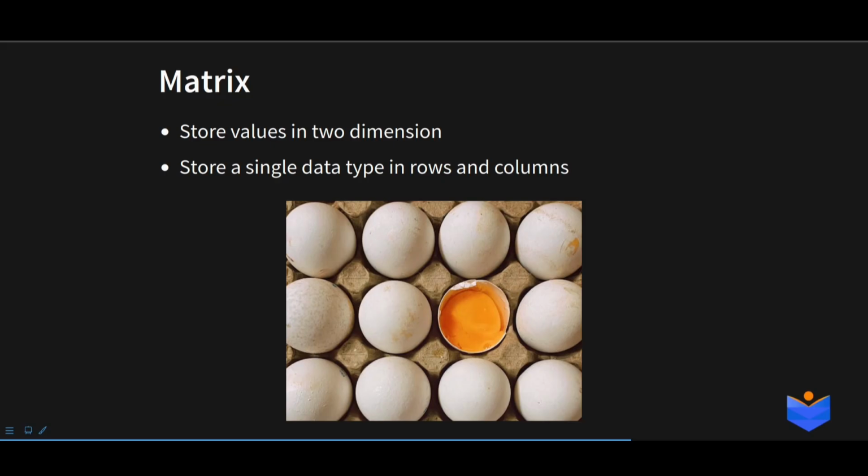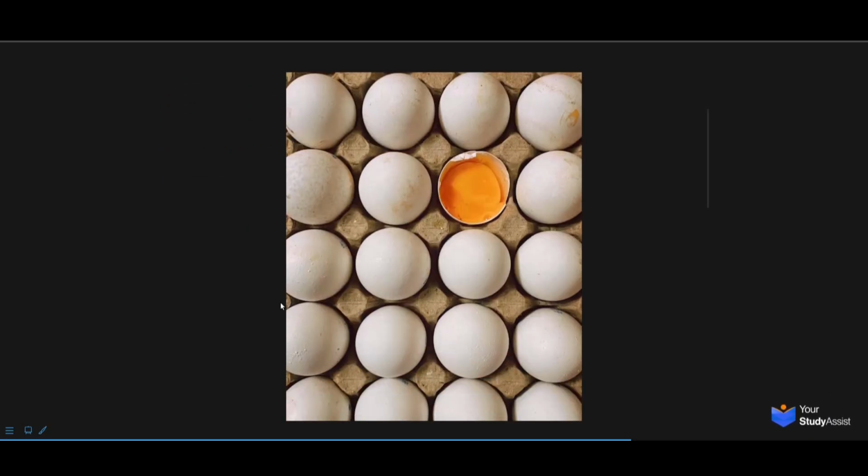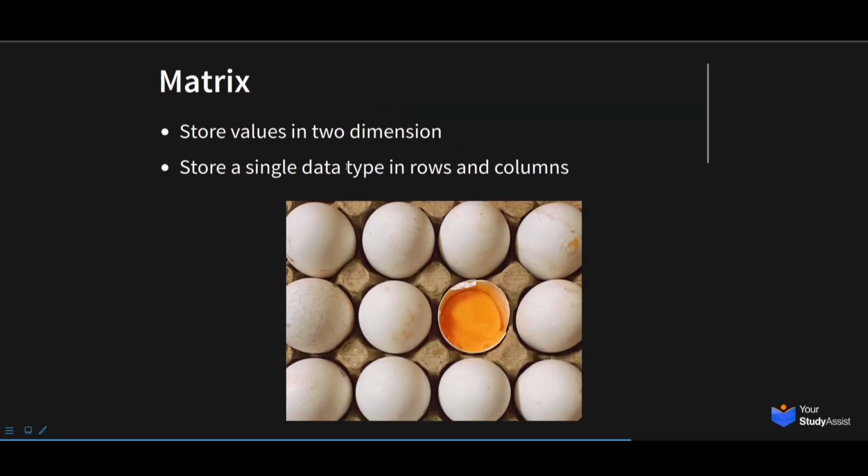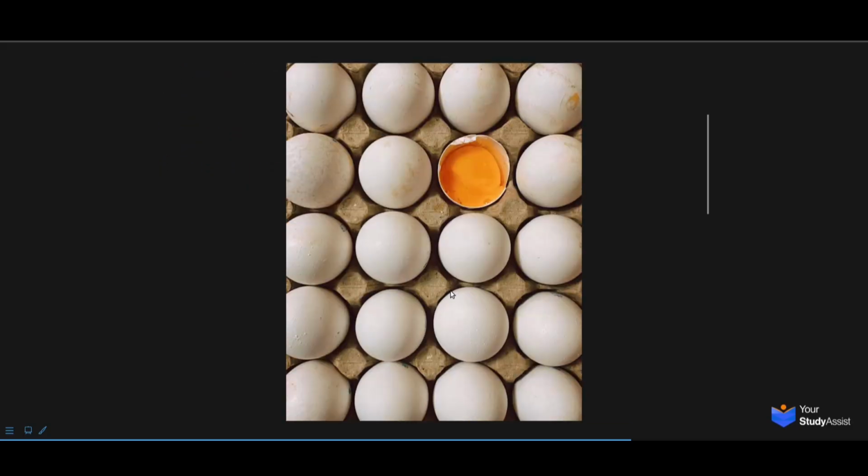Now to matrix. Matrices store values in 2 dimensions, and the values are usually stored in rows and in columns. An example is a crate of eggs. And one thing about a crate of eggs is that it should only contain eggs, which means that matrices only store a single data type too, but with 2 dimensions.